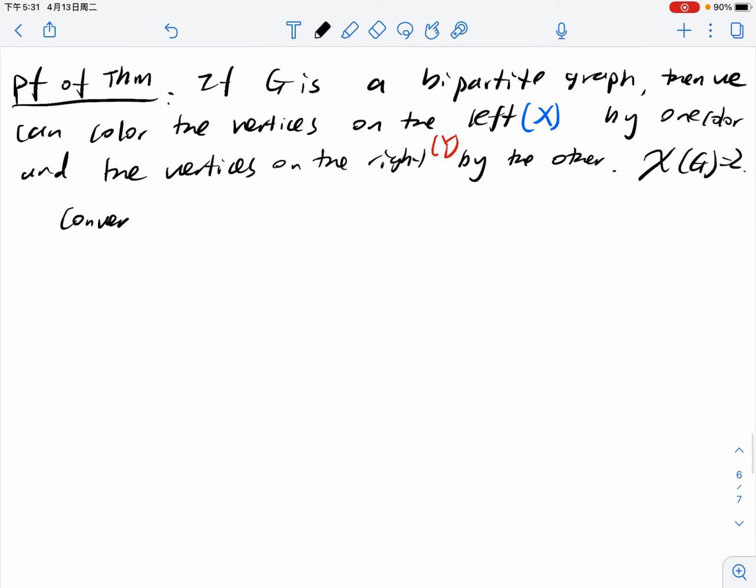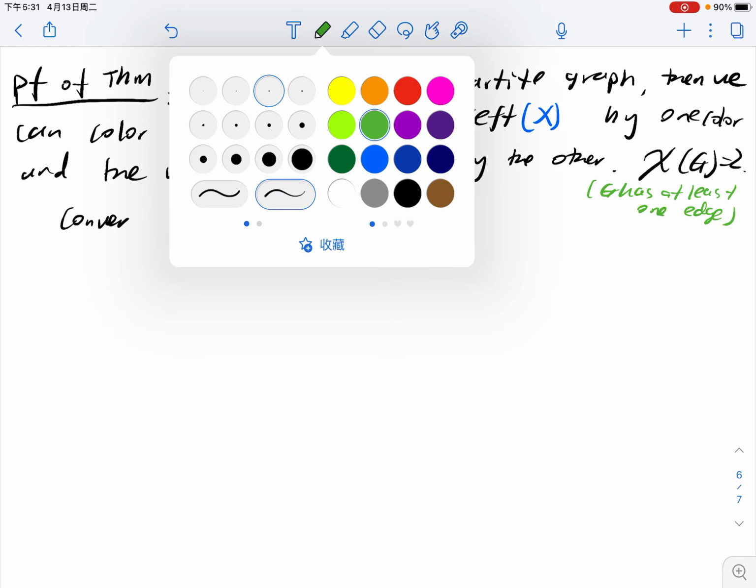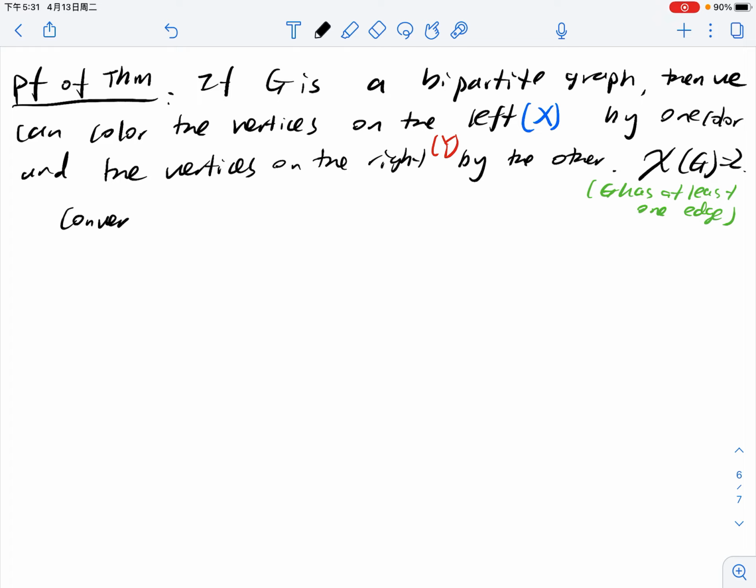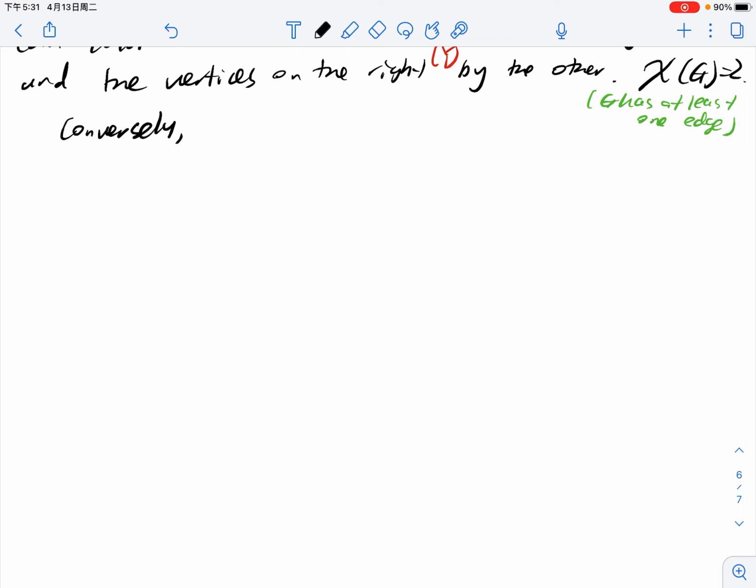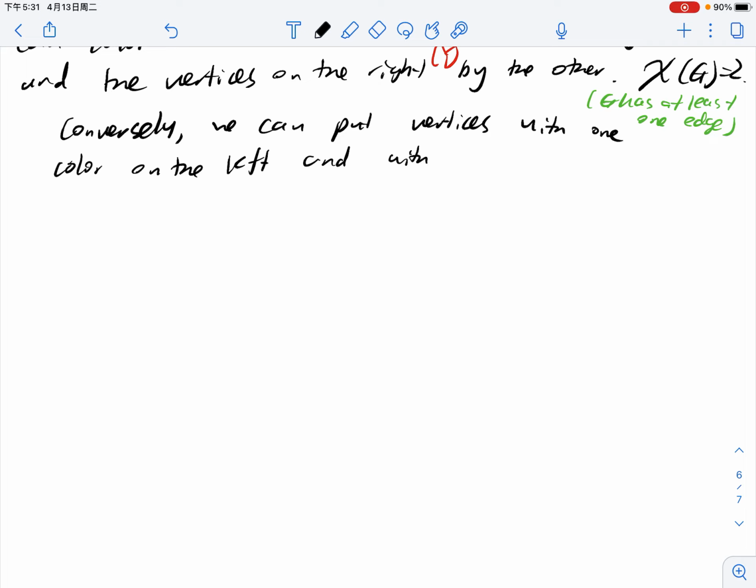Recall that here we use the assumption that G has at least one edge. Otherwise, we can only claim the chromatic number is less than or equal to 2. And conversely, we can put vertices with one color on the left and with the other color on the right.